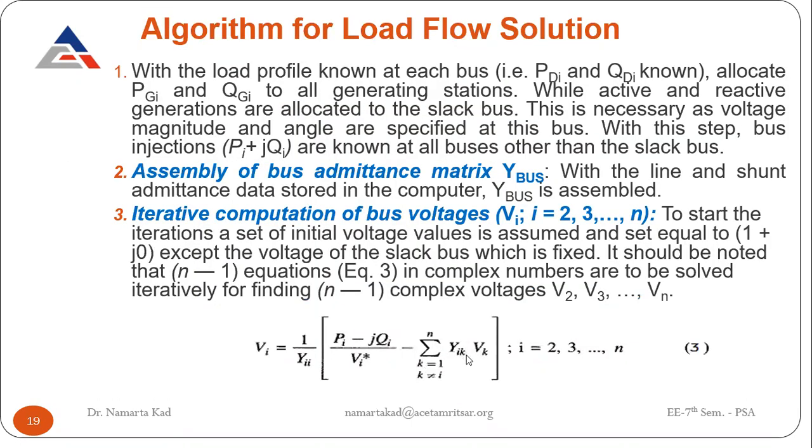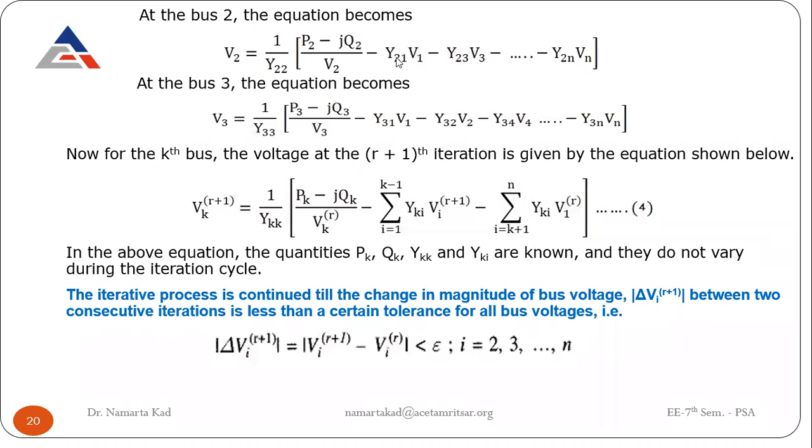It is Yik Vk. Now here it is not i; k is not equal to i. So it is written as the admittance values with the other buses. As the bus number 2 voltage is written, so Y21 V1, Y23 V3, then up to Y2n Vn, in this manner. You do not have to write Y22 here, because k is not equal to i.